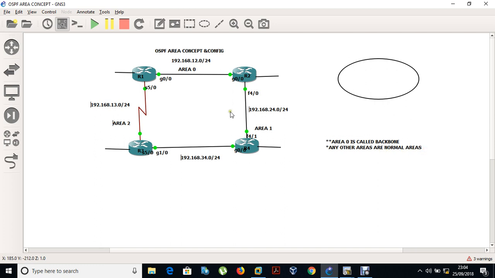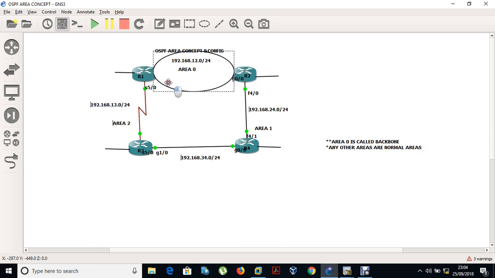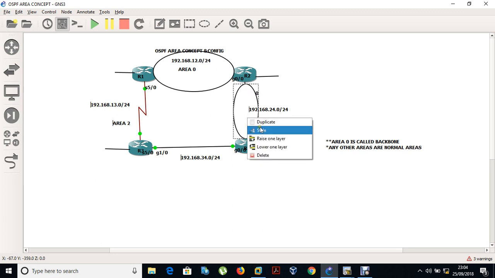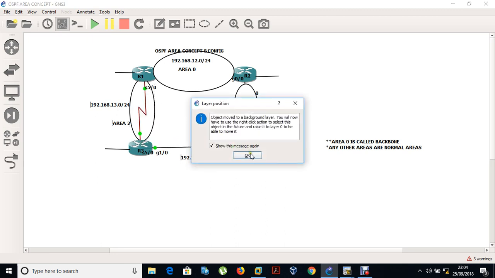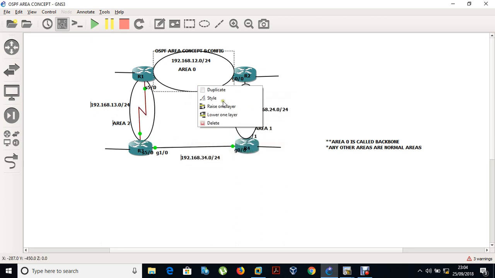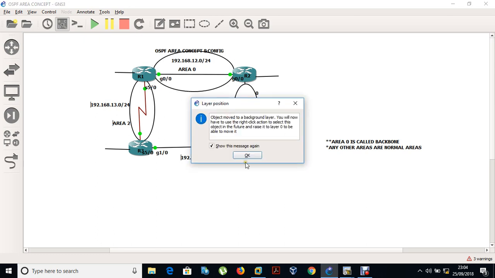Now I'm going to make this guy area 0, and these two other guys area 1 and area 2. Every area will have its own information that stays in its area.